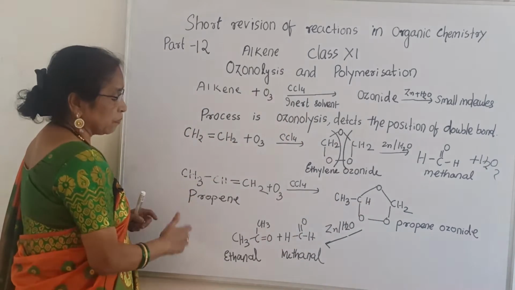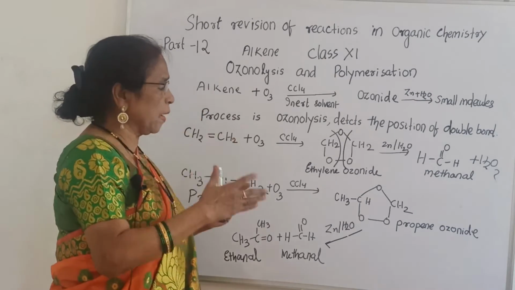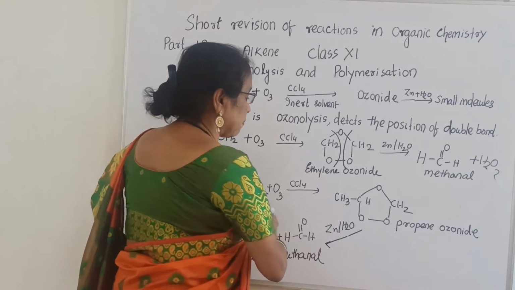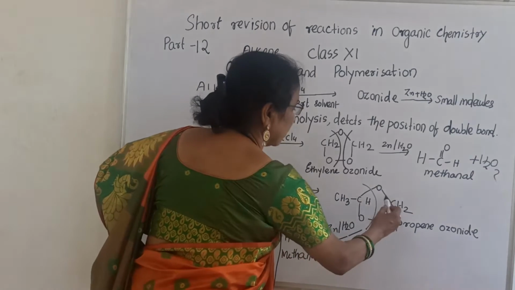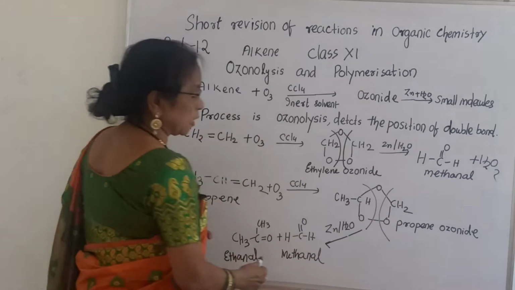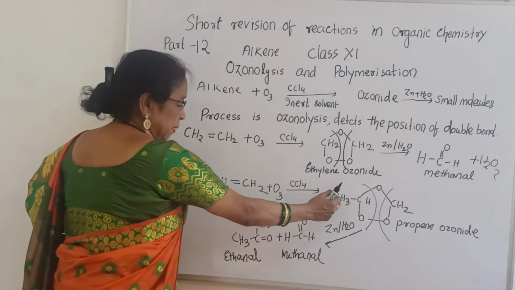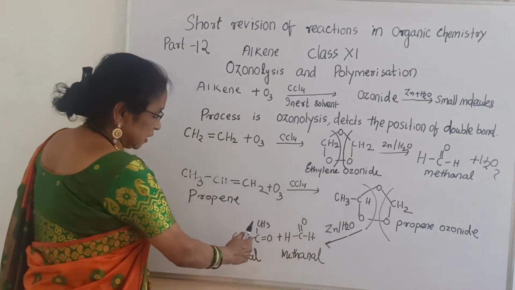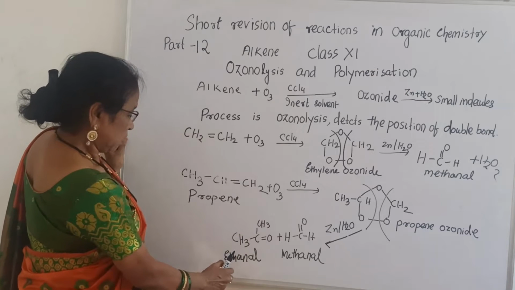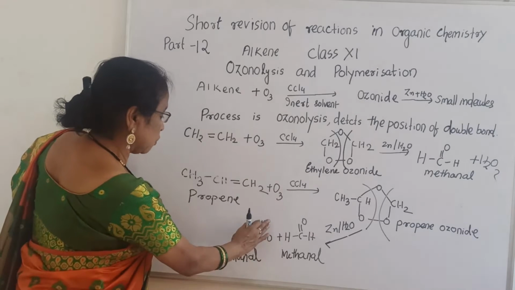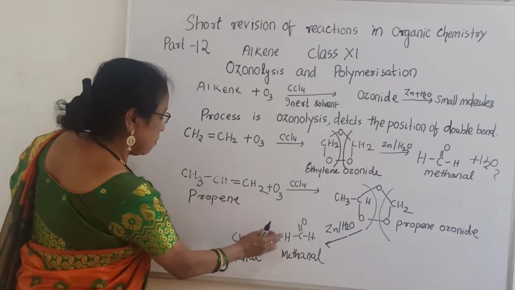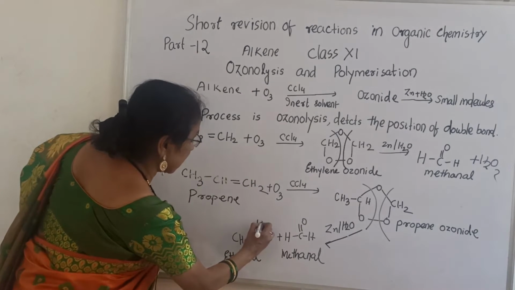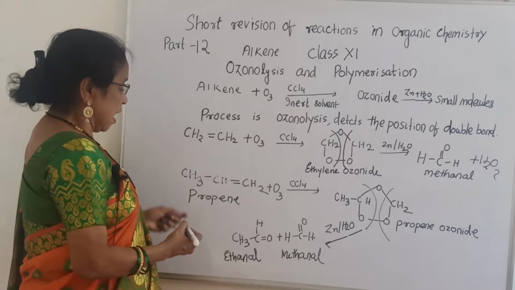See here, when propene ozonide reacts with zinc and water, this part will break, and this part will break. When this part breaks, you imagine CH3CHO, and here only H is there, so it is HCHO.